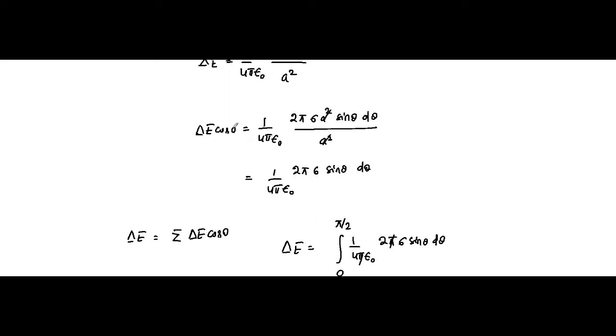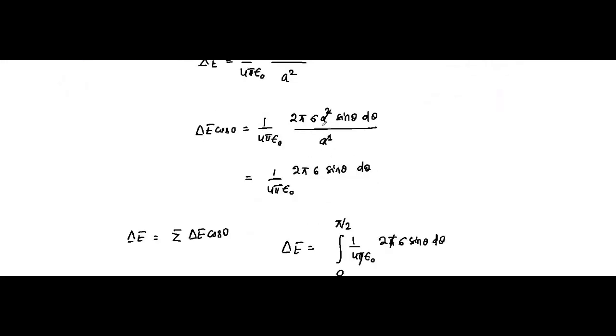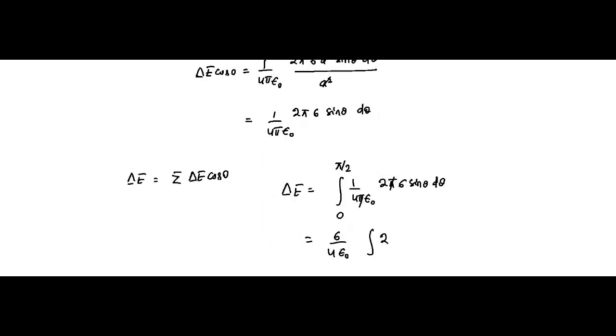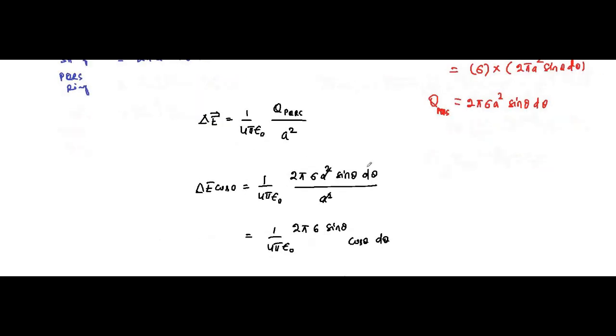We have to bring in the cos theta component, because delta E cos theta is the only component contributing. So we'll have to add another cos theta d theta here. This is the expression of delta E, so it will be cos theta d theta.